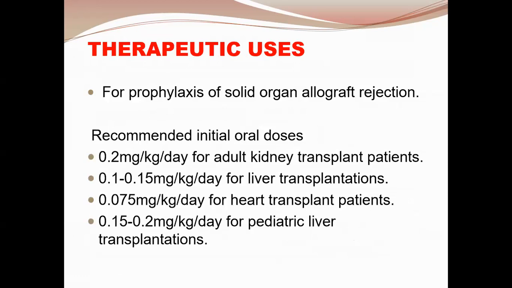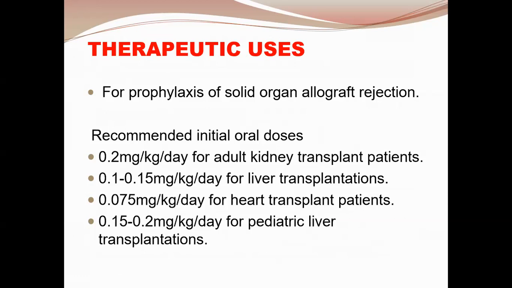What are the uses of tacrolimus? It is used for prophylaxis of solid organ allograft rejection, and the recommended initial oral doses are 0.2 milligrams per kg per day for adult kidney transplant patients, 0.1 to 0.15 milligrams per kg per day for liver transplantations, 0.075 milligrams per kg per day for heart transplant patients, and 0.15 to 0.2 milligrams per kg per day for pediatric liver transplant patients.